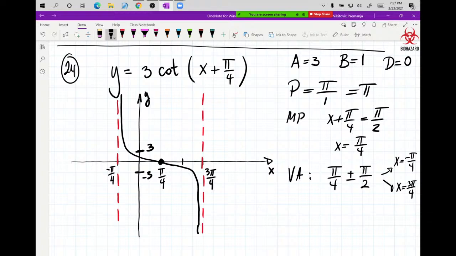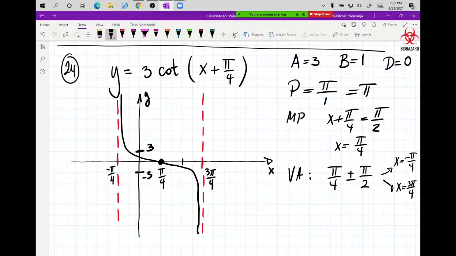A lot of this stuff, guys, is just you practicing this over and over and over again. The box method, I mean, you do have these videos so you can review the box method for sine and cosine and ultimately secant and cosecant, because you still graph sine and cosine and you just flip the graph inside out once you're done graphing.